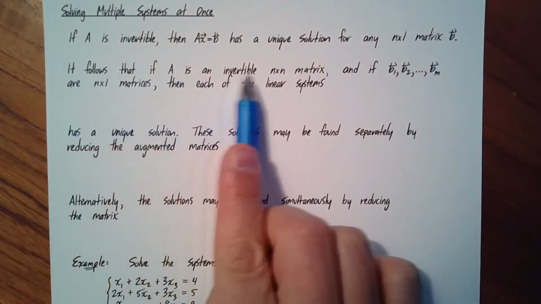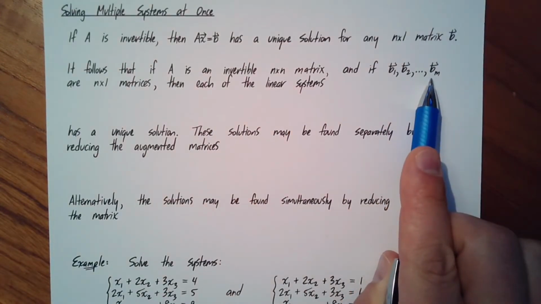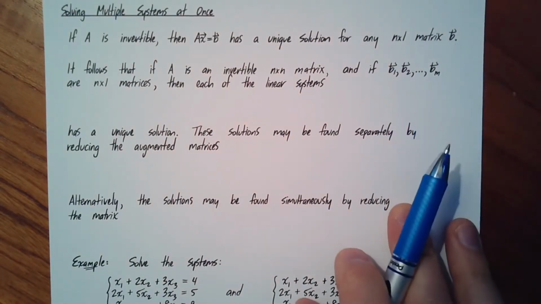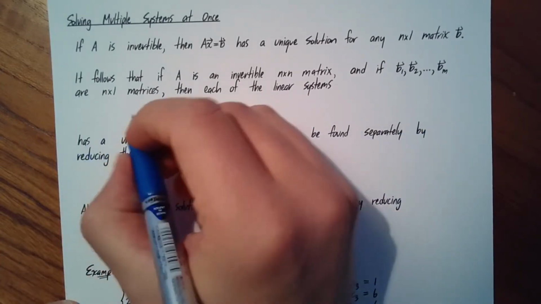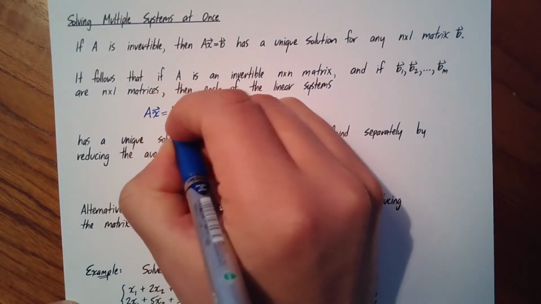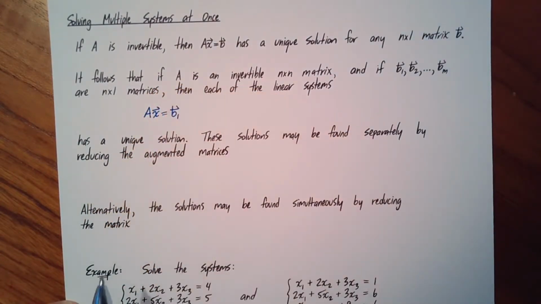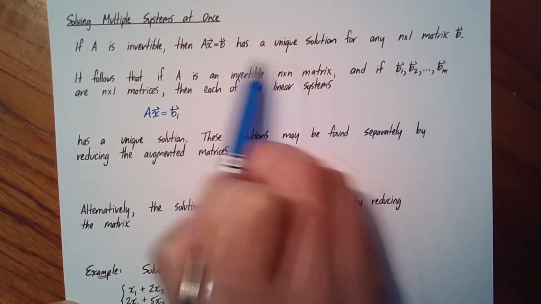It follows that if A is an invertible n by n matrix and B1, B2 all the way up to Bm are your n by 1 choices for this constant column, then each of the linear systems, let's write out the matrix equations for these linear systems. You have Ax equals B1. That's one linear system. If you take your first option, B1, to put there, what if you put your second option, B2, to go there?